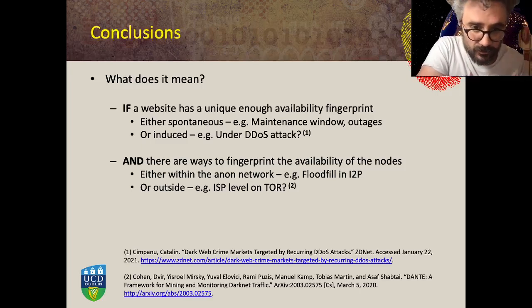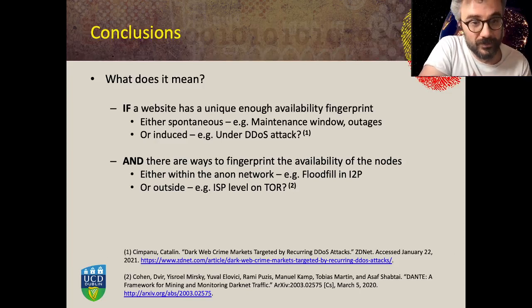Recent research demonstrated that it is possible to detect Tor traffic at scale. Researchers designed Dante, a framework for monitoring darknet traffic at scale. Such a method, for example, could be used to identify which IP addresses in a given ISP domain are indeed connected to an anonymity network.